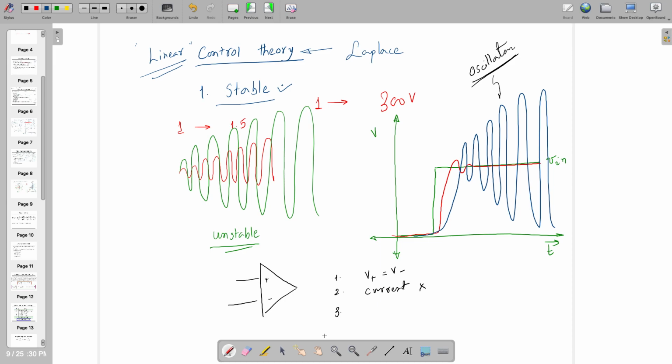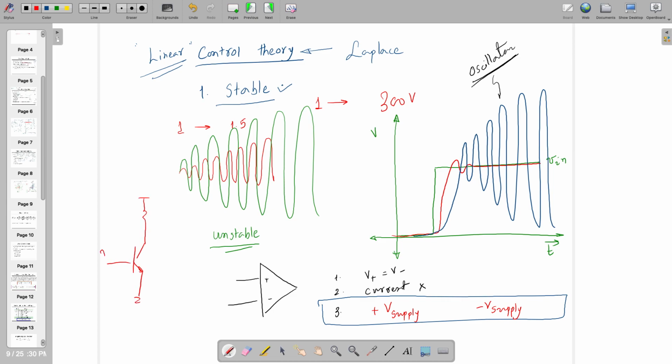Okay. If you don't remember, this rule is applicable to all the circuits, which says that you can never go beyond plus V supply and minus V supply, right? So if I am designing a circuit like this, if this is 15 volt, the max output voltage available is 15 volt and I can go to 0 volt, right?